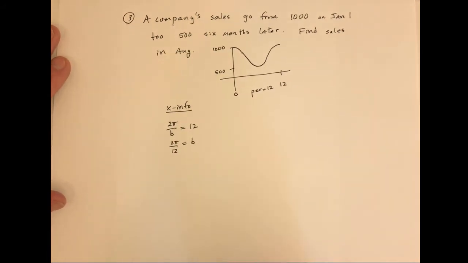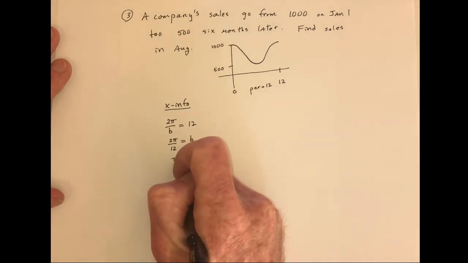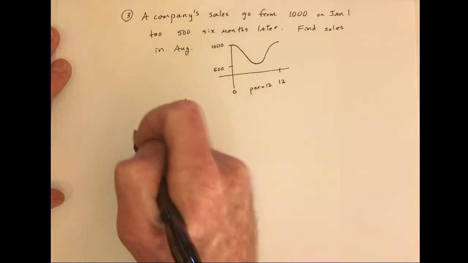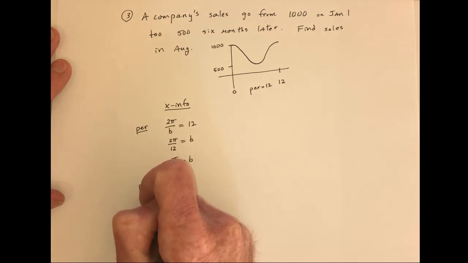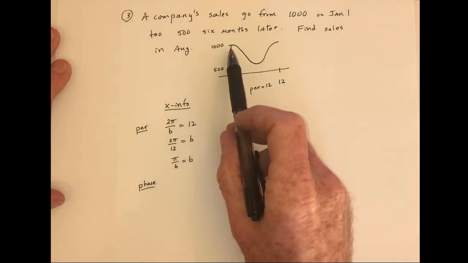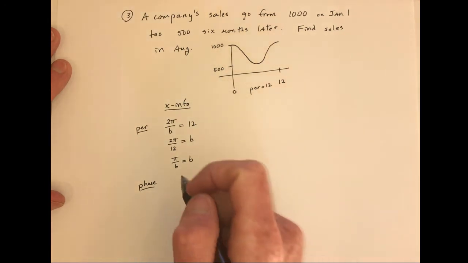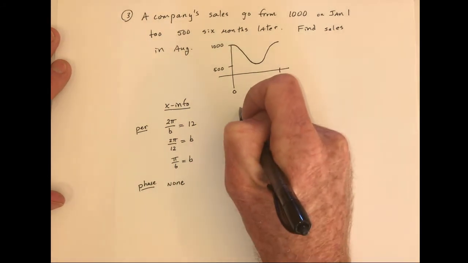So it turns out that b is 2 pi over 12, and then reduce that, it's pi over 6. And then for the phase shift, that means did it get moved left or right? This did not. It's starting right there where cosine usually starts. So this one, there's no phase shift.